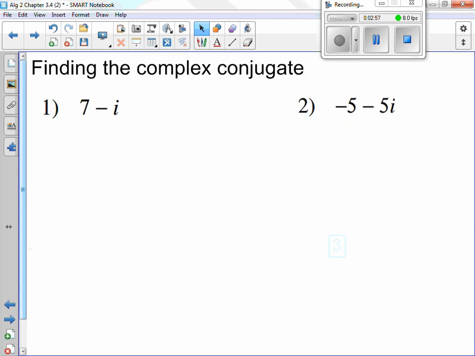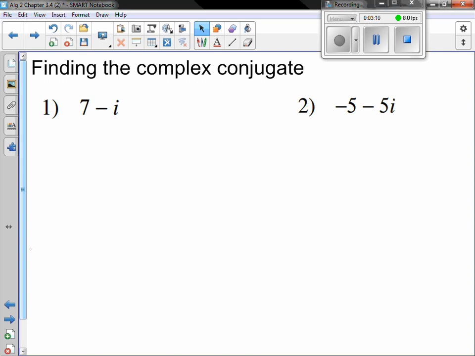Now, this will make more sense when we look at the first one, because this is going to come in two parts. We're going to find the conjugate, and then I'm going to multiply them together. It doesn't ask for that in the assignment, but I'm going to show you what happens. So looking at this here, 7 minus i, what would the conjugate be? 7 plus i, because if a minus bi is a solution, then a plus bi is also.